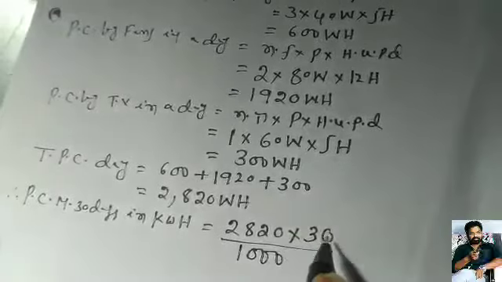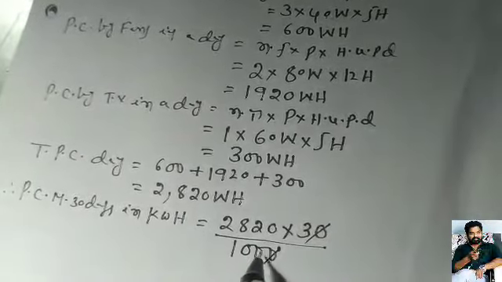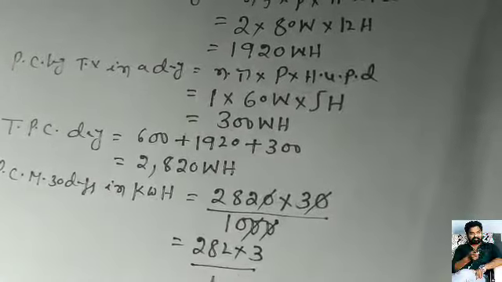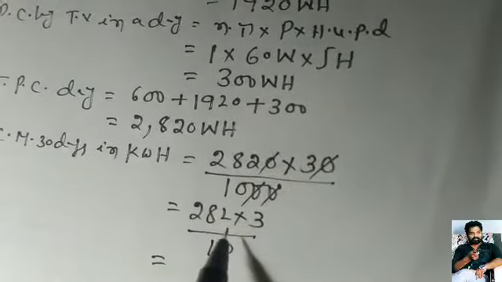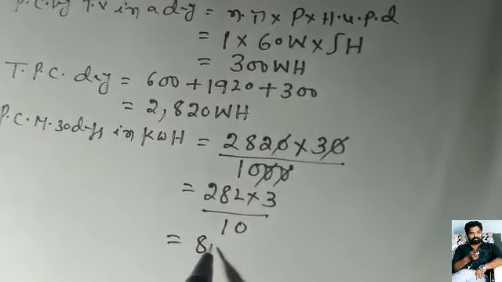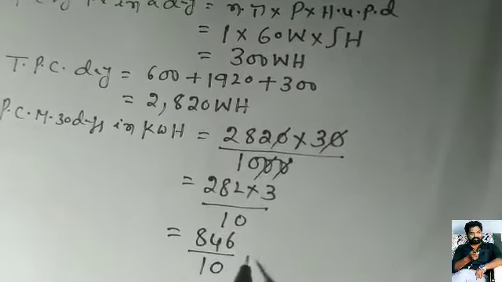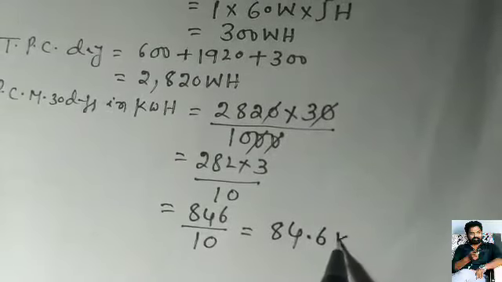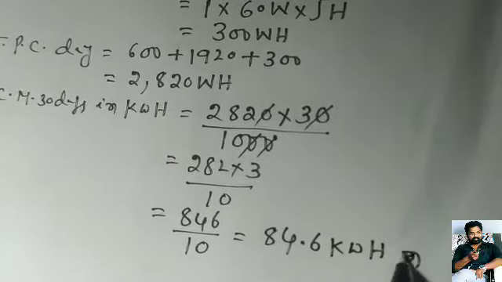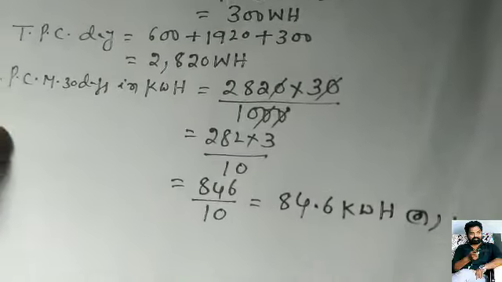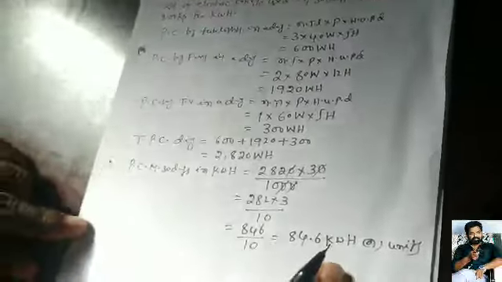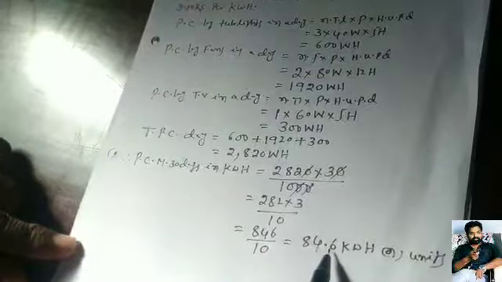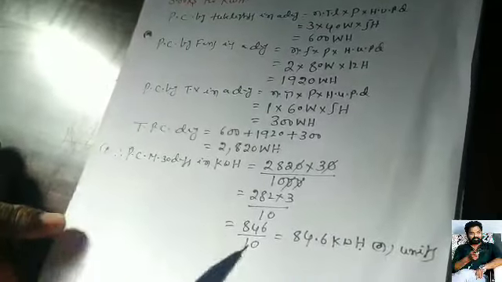So the zeros get cancelled. Now it is 282 into 3 by 10. 282 into 3 is 846, by 10, that is 84.6 kilowatt hours. Kilowatt hours are nothing but units. So the total power consumption in a month of 30 days is 84.6 kilowatt hours, right?